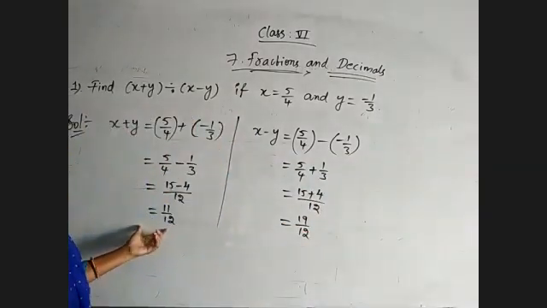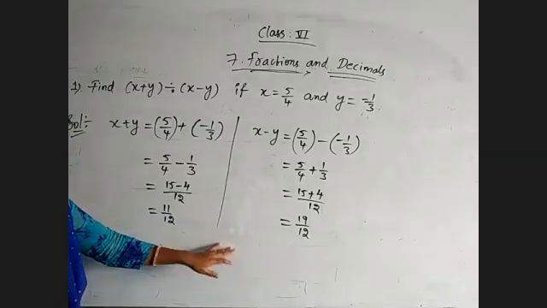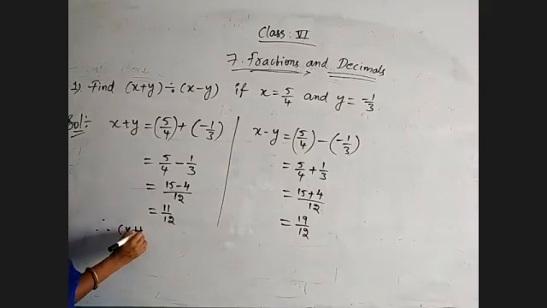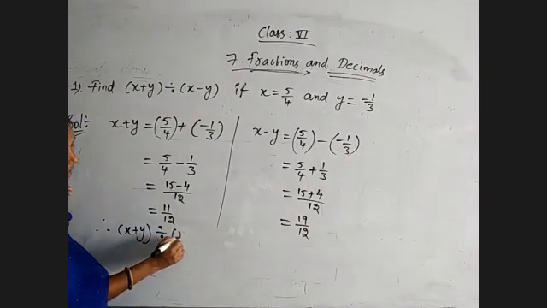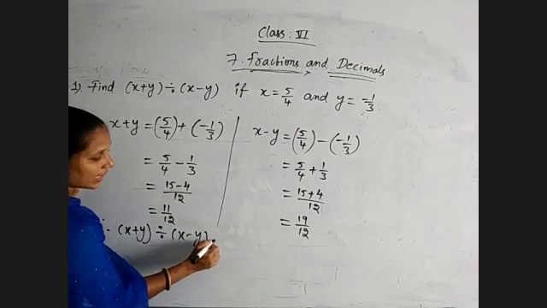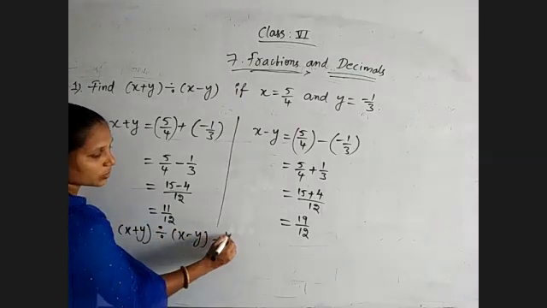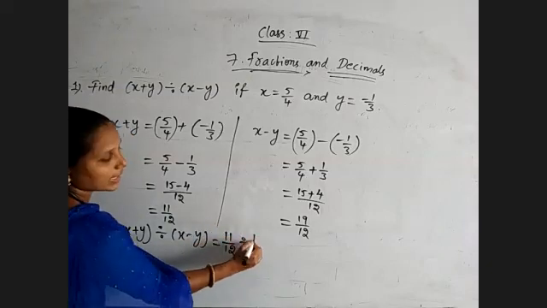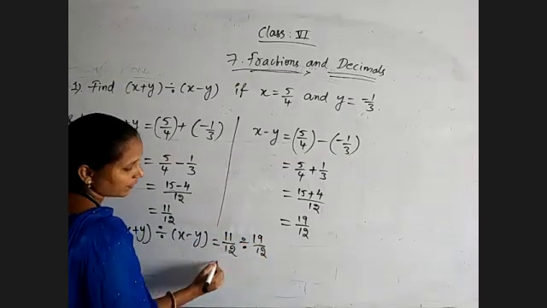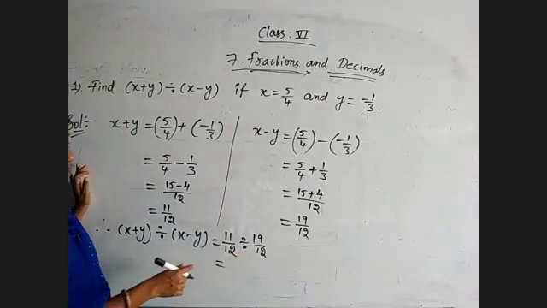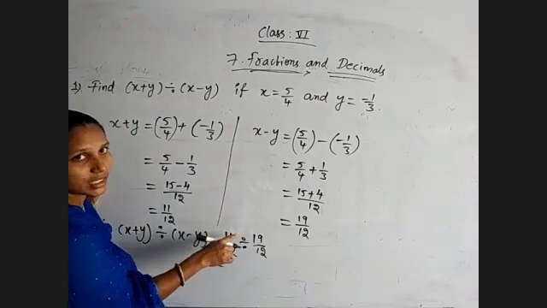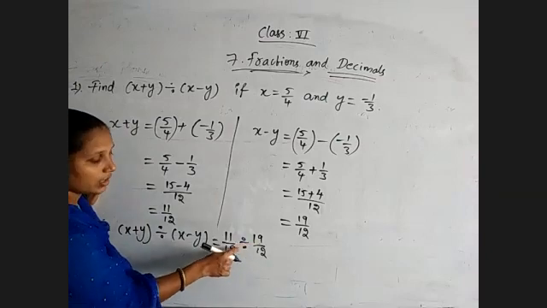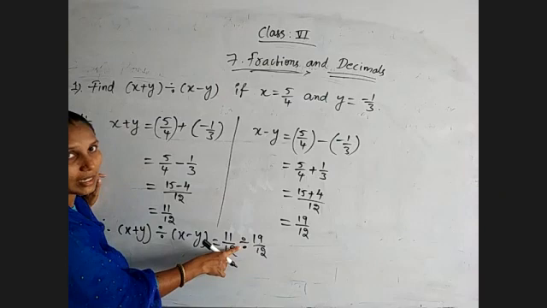Now we got 11 by 12 and 19 by 12. Now what is the required value? (x + y) divided by (x - y). We got x plus y as 11 by 12 divided by x minus y as 19 by 12. When we are performing division between two fractions, we change the second fraction to its multiplicative inverse, changing division into multiplication.